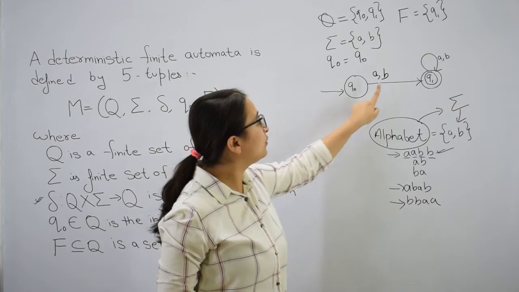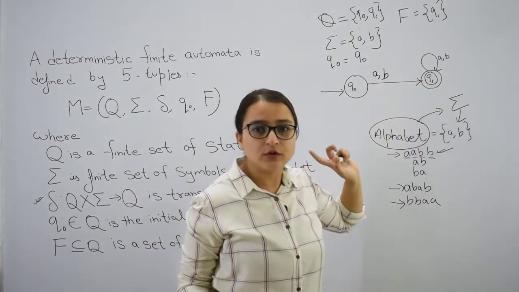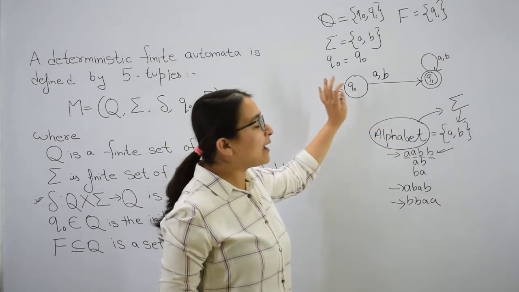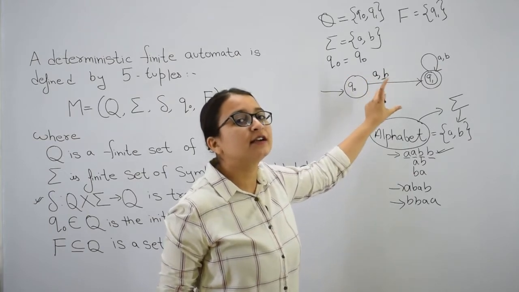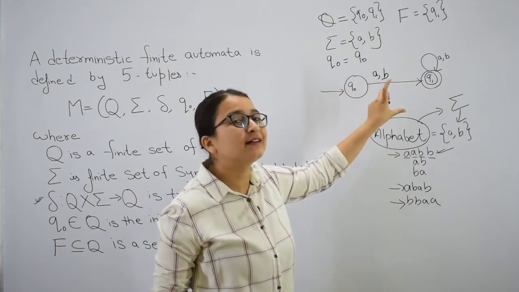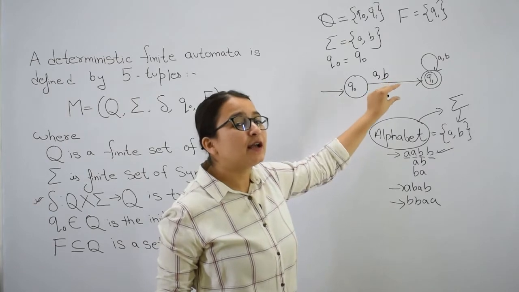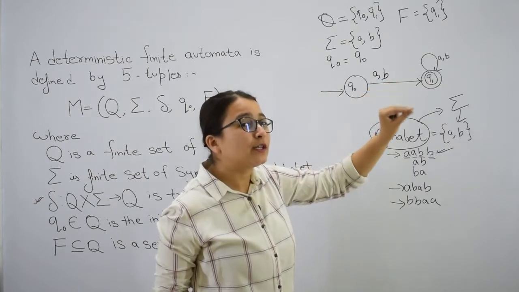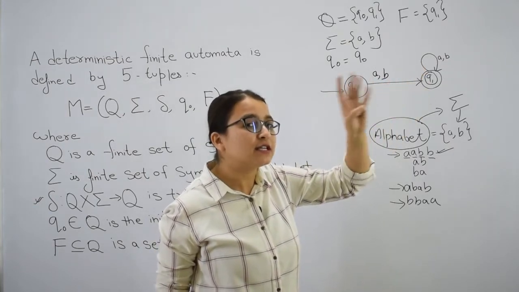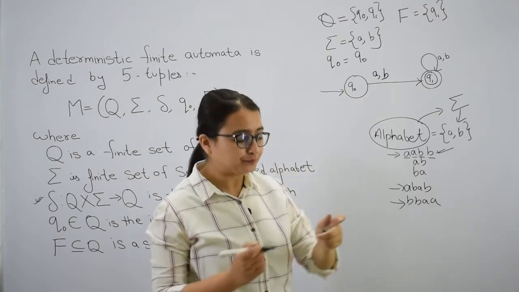You are in Q0, you get input B, you go to Q1. For now, all I am doing is explaining the transition diagram, what the symbols in the diagram mean. How this diagram is used to check whether a string is a member of the language is something I am yet to tell you.